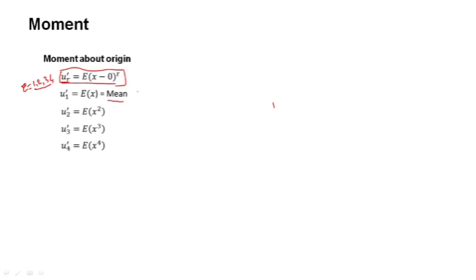How do we calculate the mean? Mu equals summation of i equal to 1 to n, xi, divided by n. By using this formula, particularly for the ungrouped data, we find out the mean.